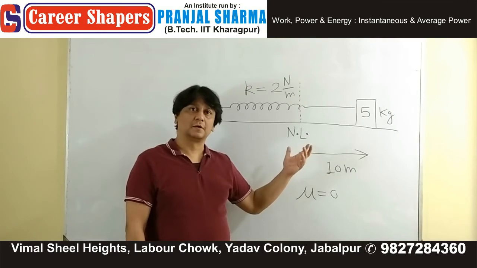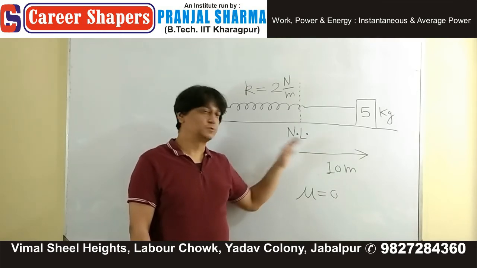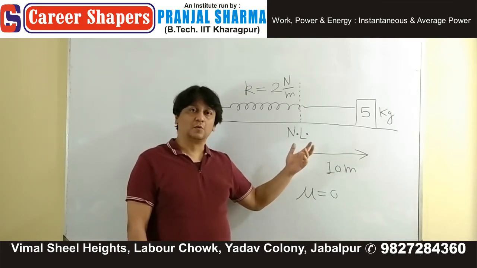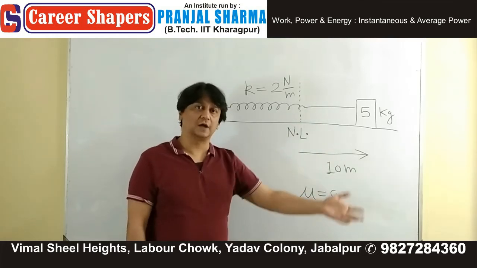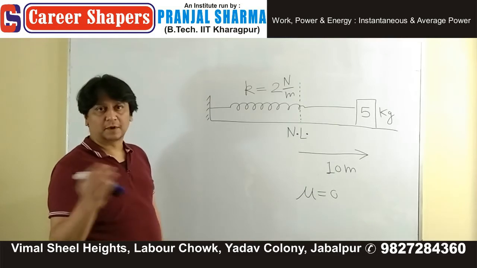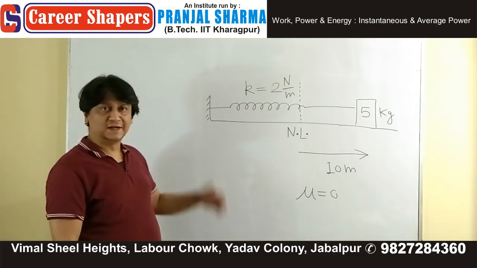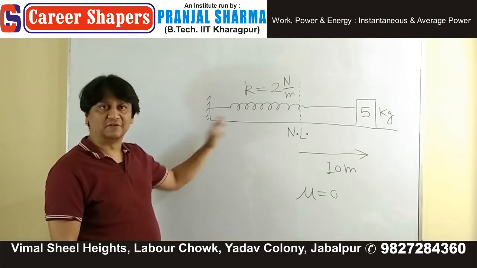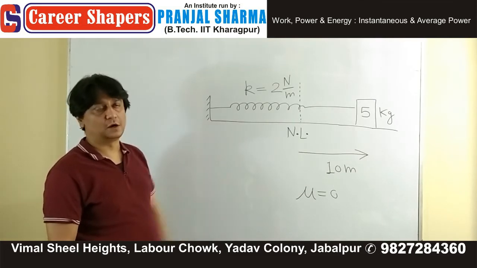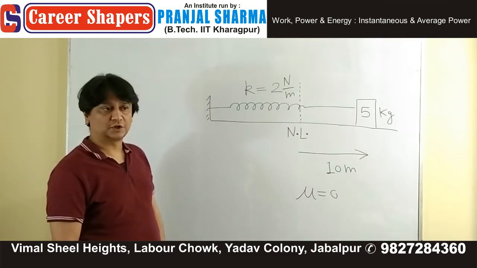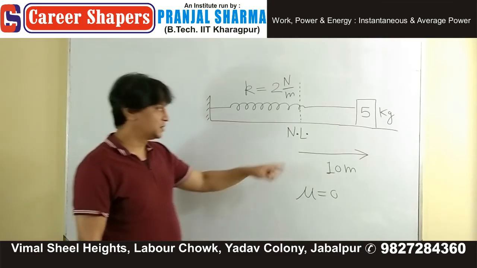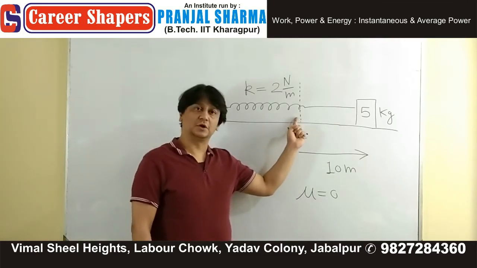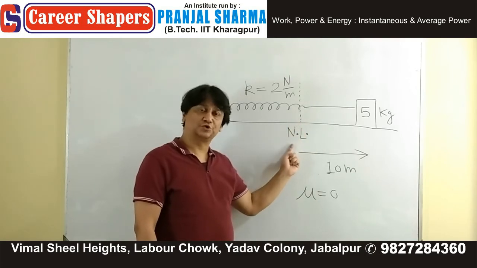Somebody, after doing questions on spring and all, thinks that we have to use COME, this and that, and they develop a kind of a mindset that this question is going to be difficult. No, it's not difficult. The question says find out power when object is passing from this position. What is this position? Natural length.